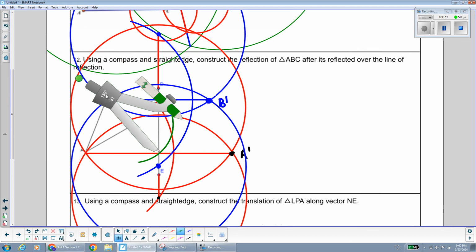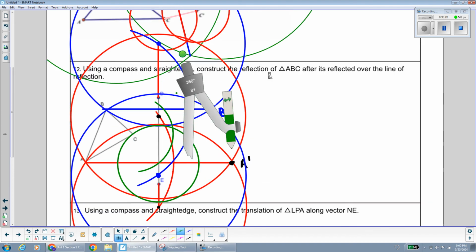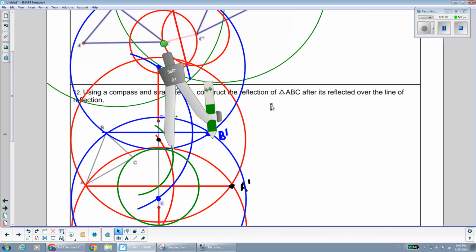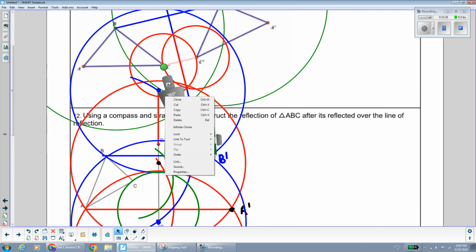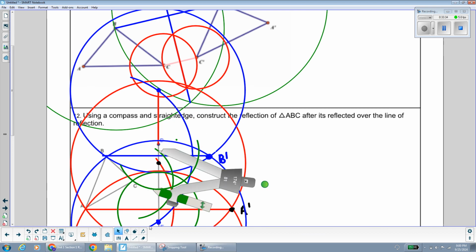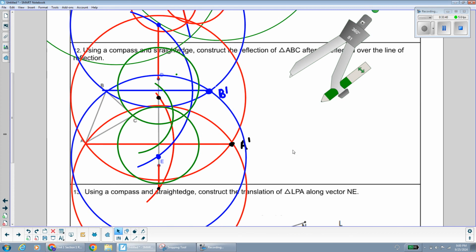I'm going to go over to one intersection point, circle. Sorry, my computer's being weird. Other intersection point, circle. We can draw our perpendicular bisector through. And there's C prime.